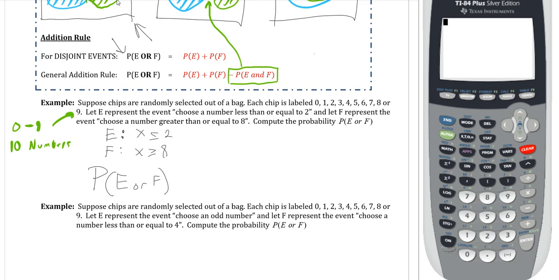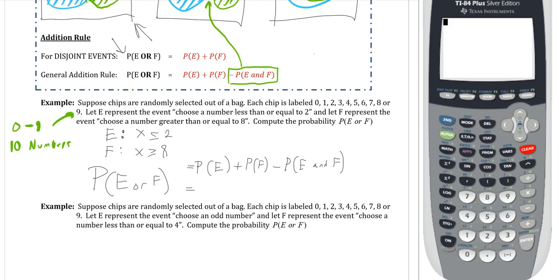To start with this, I'm going to write down the formula for that. So probability of E plus the probability of F minus the probability of both of them. I always write down the formula first before evaluating what these are. Well, if I calculate these, the probability of E is a number less than or equal to 2.